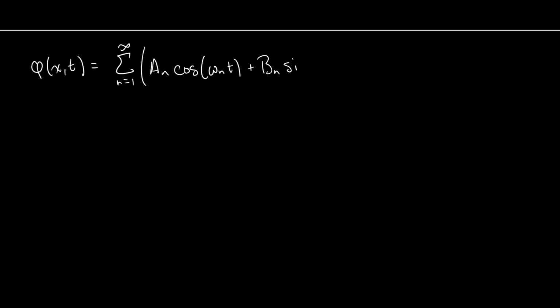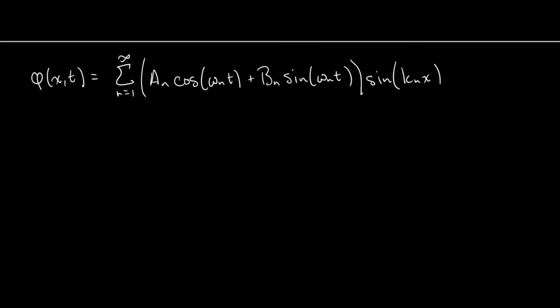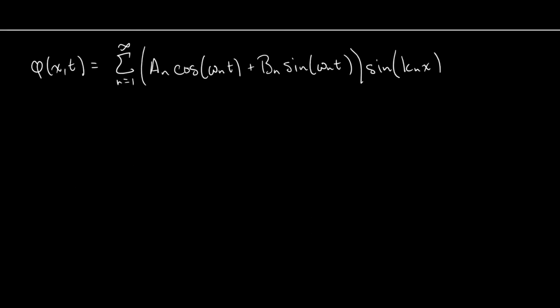So going back to our full solution to the wave equation, writing it out again: the sum from n equals 1 to infinity of a sub n cosine omega n t plus b sub n sine omega n t, times sine of k sub n x. Then I can just use this integral and multiply both sides by sine of k sub m x.